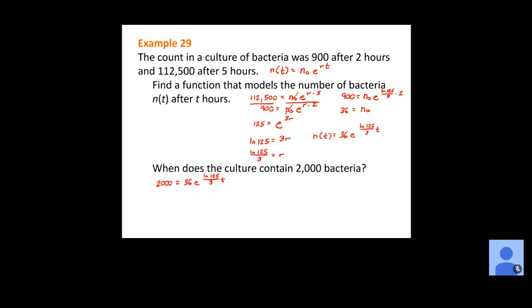What's our first step going to be in solving that equation? Good, so we divide. When we do that, I'm just going to keep it as a fraction. It's going to simplify to 500 over 9 equals e to the natural log 125 over 3 times t. Then we have to do what?